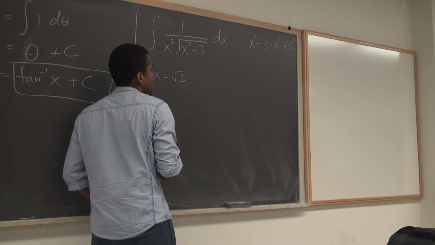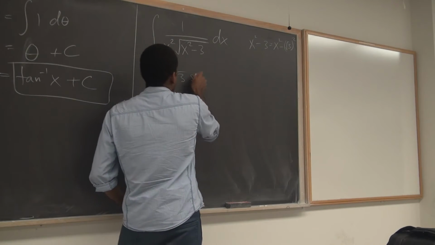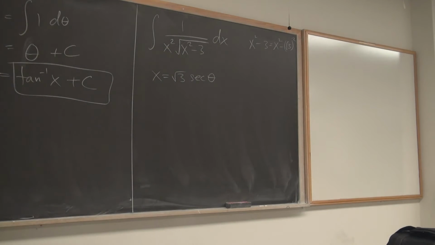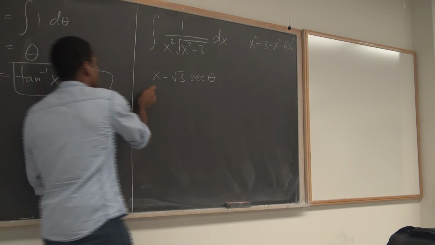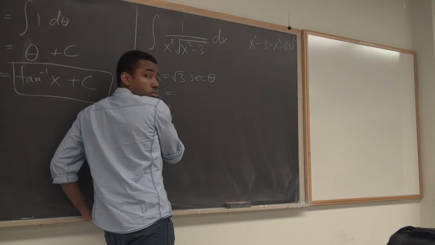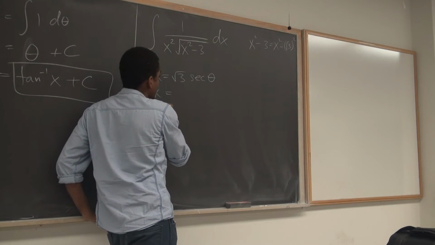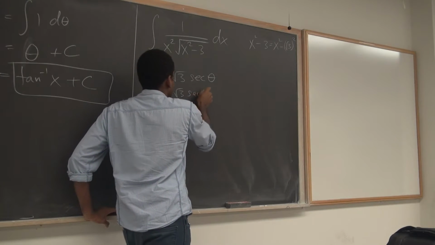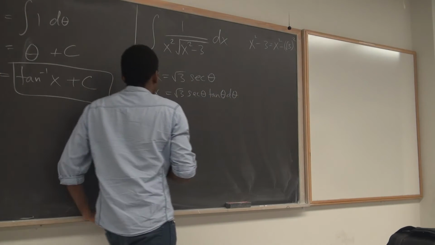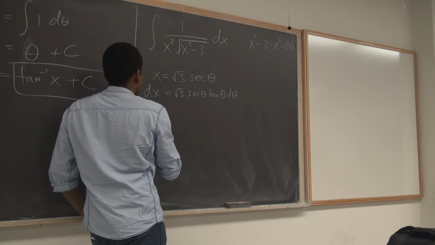And so my substitution would be x equals radical 3 times secant theta, according to this table, because it looks like this. So what would the integral end up looking like?